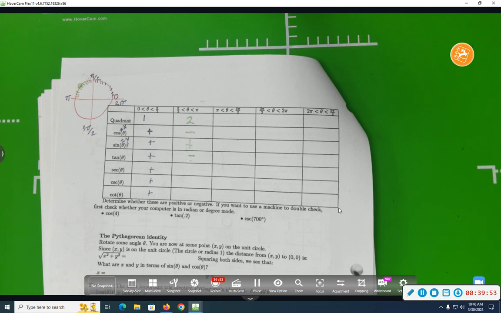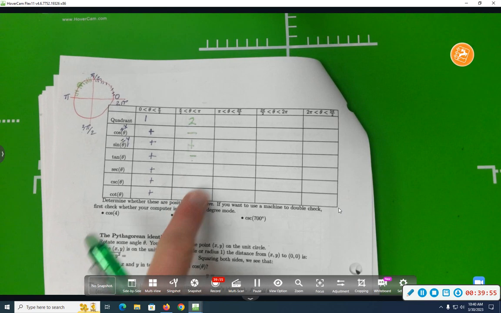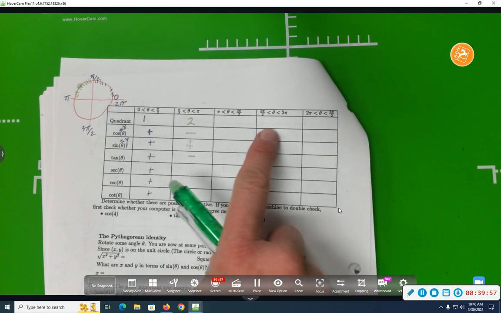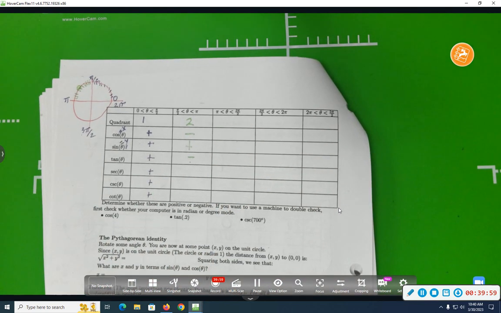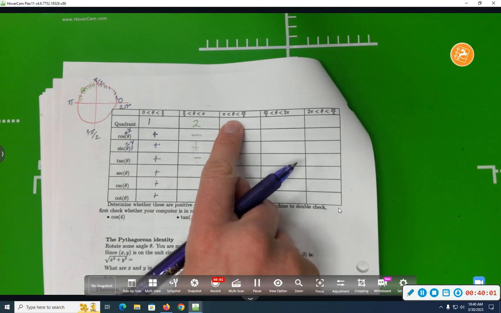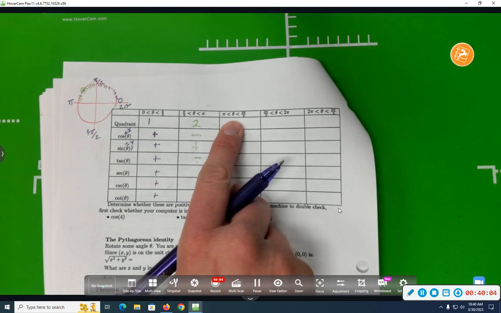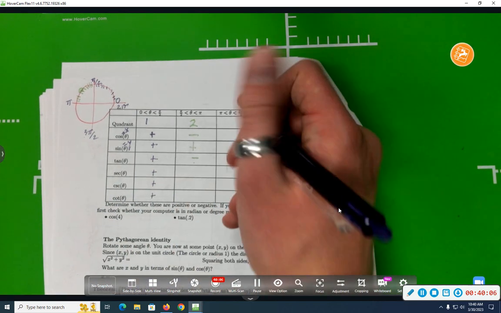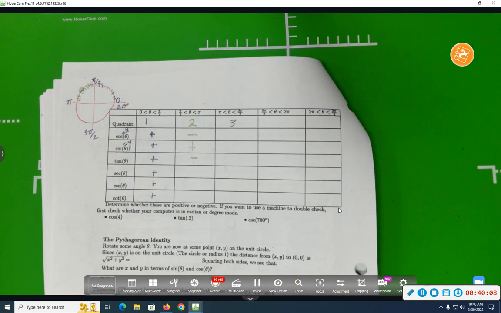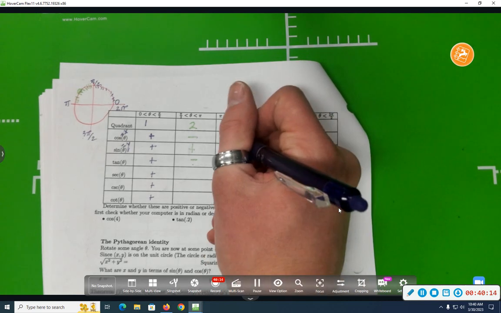Do you think you could fill in the remaining rows on your own? Yeah, which is exactly why I'm not going to fill in these ones. I think I will do at least the first row of the remainder. Between pi and 3 pi over 2, what quadrant do you live in? Quadrant 3. And now just cosine and sine. In quadrant 3, will cosine be positive or negative? How about sine?